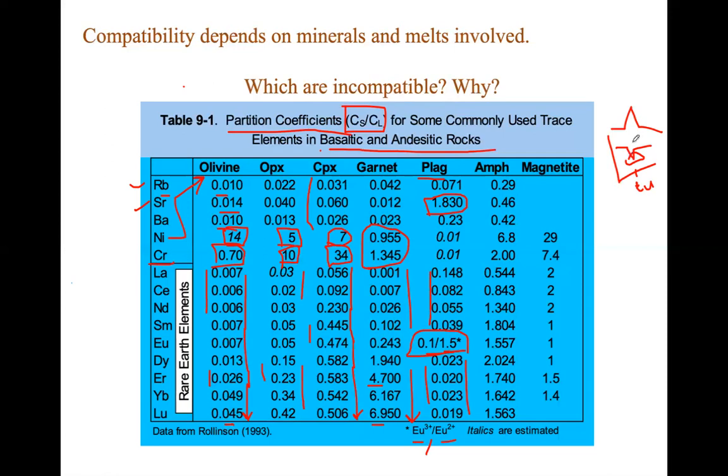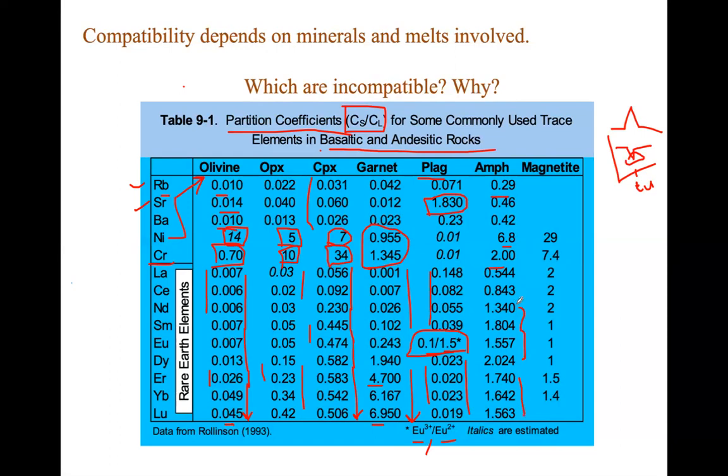Right. If you take the amphibole, because these are the most common phases that we encounter in mantle rocks, that's why they are listed here. You can see amphibole has low and high values for nickel, and a relatively larger value for chromium. For middle rare earth elements you have relatively bigger values, and also for heavy rare earth elements.